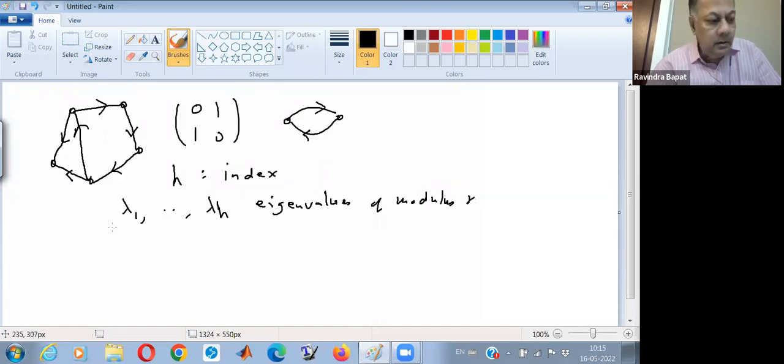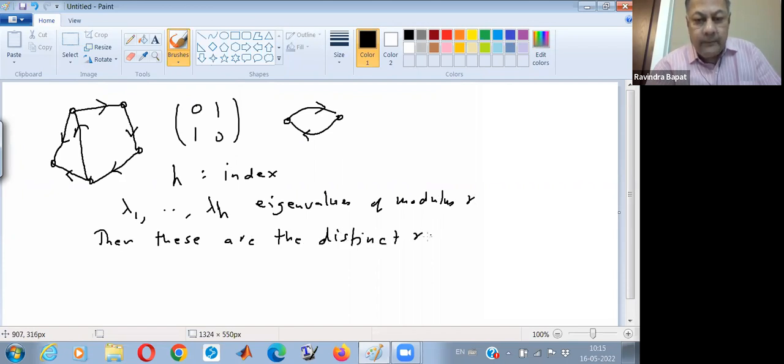Then these are the distinct roots. Actually, the next statement will follow from this statement. These are the distinct roots of R to the power h. As you know, any complex number, you can talk about roots of unity.